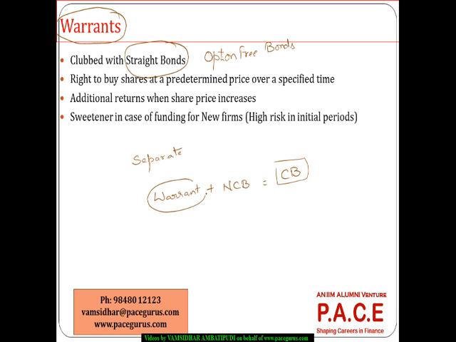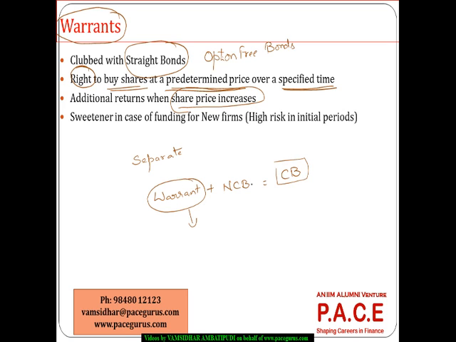So a warrant is a separate instrument which gives a right to the person who has purchased the warrant. He can buy the shares of the company at a predetermined price during a specified time period. That gives a possibility of taking advantage in case the share price is increasing and the company is doing well. The additional returns can come apart from the bond based return.